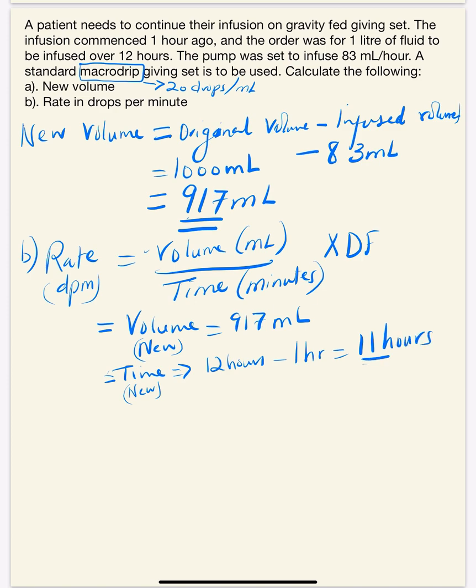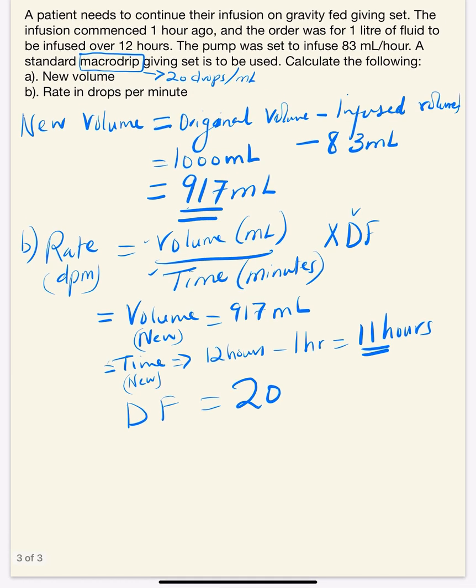Then we need to find our DF. Our DF is 20, because we know it's a macro drip. It will give us 20 drops per milliliter. This will never change as long as it's a macro drip. Macro drips will always give you 20 drops per milliliter.